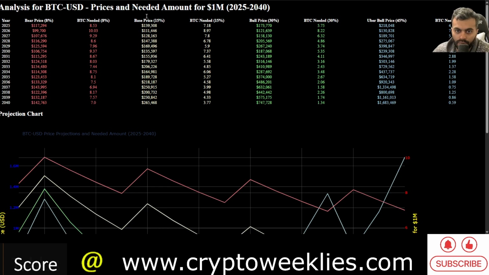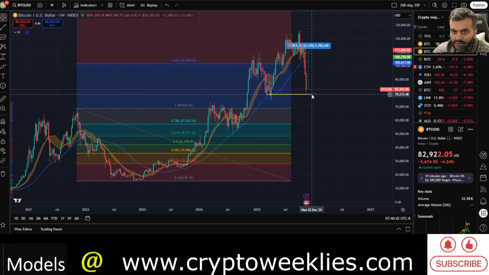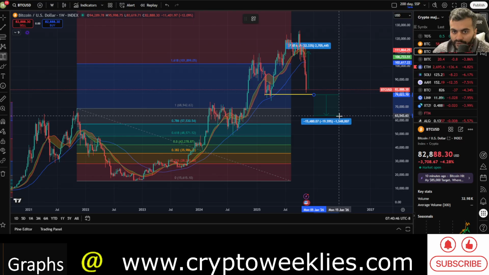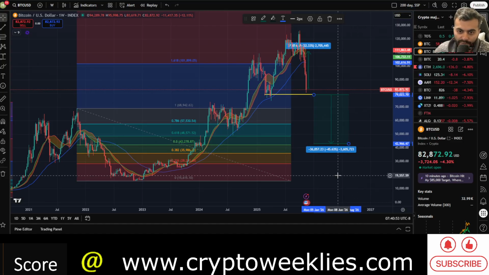Nonetheless, if we were to tune out the noise and stick with a model with a bear case of about 40-45% from the yearly close, let's say at around 75k, a 40% drop from 75k, from this line of support, if Bitcoin were to drop in 2026 by about 40-45%, the price of BTC could be somewhere close to that 42k to 43k in 2026.